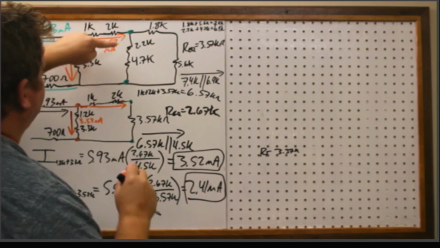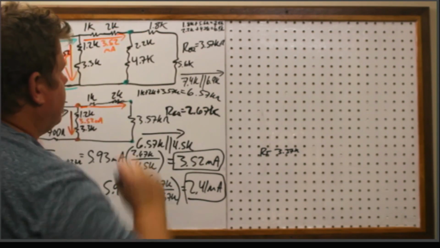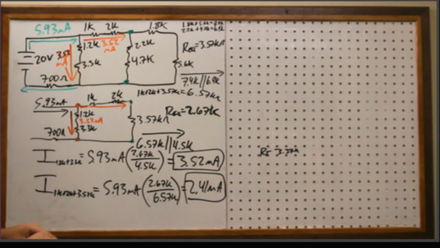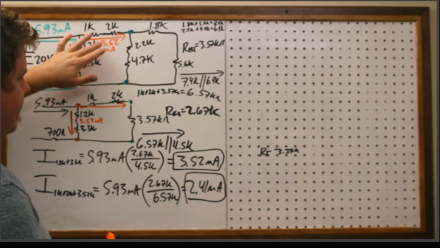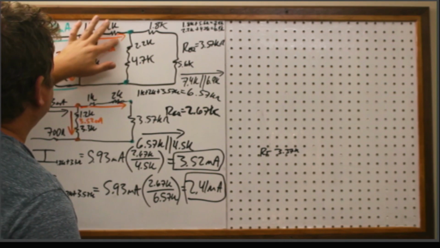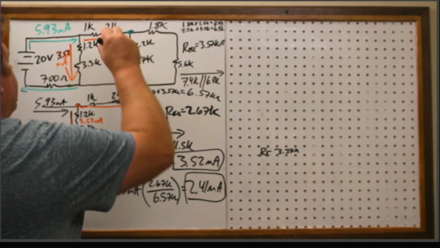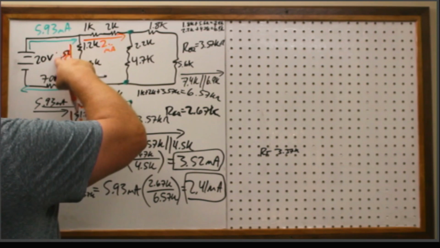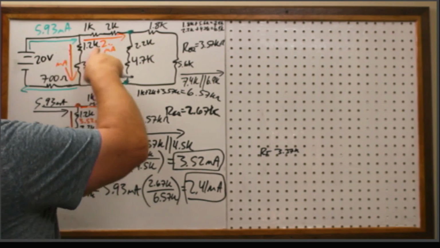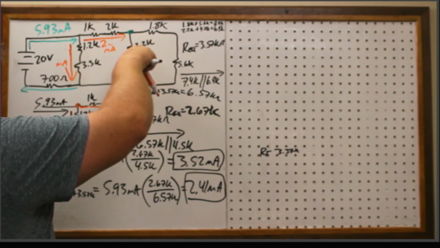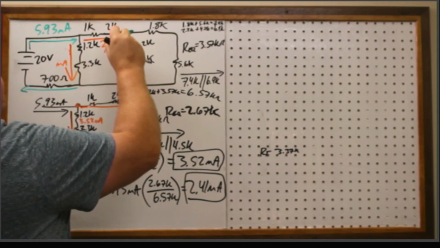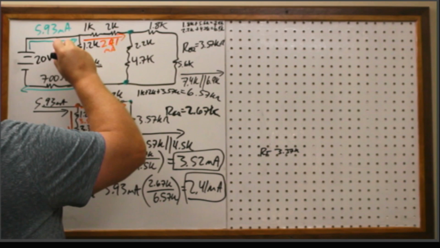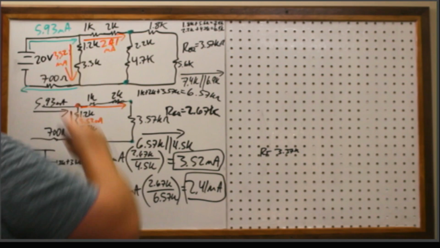Now that's the total current that comes into this node and then breaks up. So the 3.52, I'm sorry, that's not 3.52, that's the 2.41. No, that one is the 3.52. This is the other one, sorry. The 1K, the 2K, 2.41. 3.52, okay.